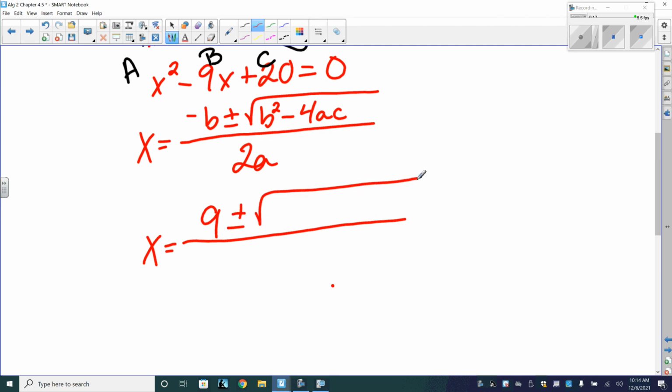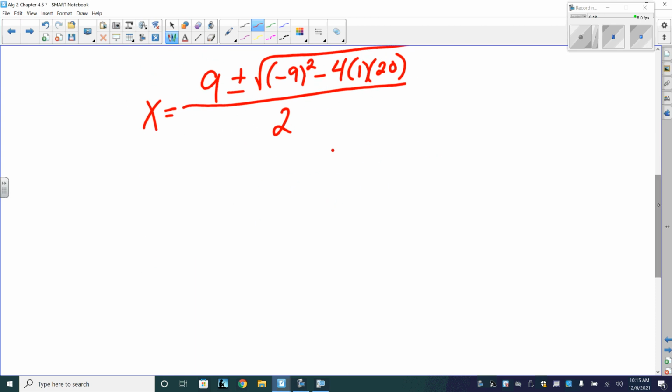So our negative b, -9, is just going to be +9. Inside the radical, we'd put parentheses -9 squared minus 4 times a, which is 1, and c, which is 20, all over 2 times 1, which is 2.